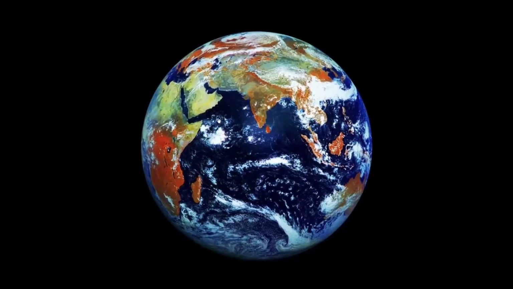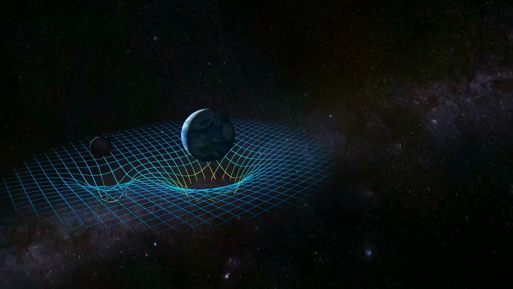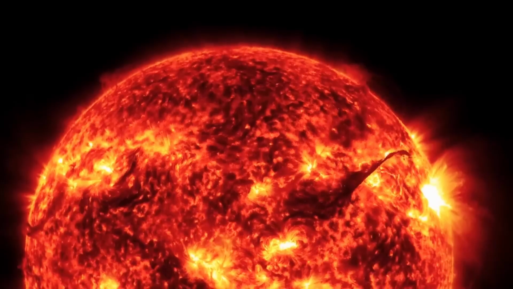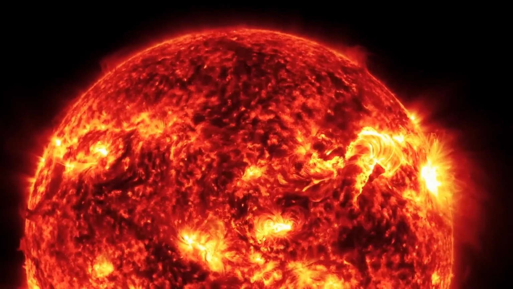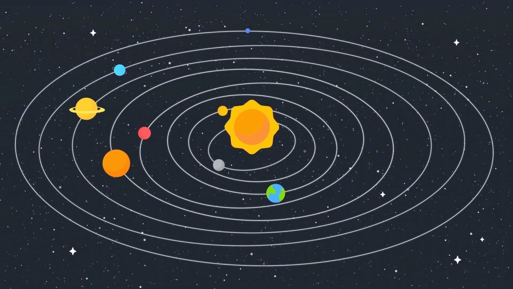So, therefore, planets of certain sizes and masses project certain gravitational force around them. And in the solar system, the sun is the gravitational force that keeps the planets in orbit.